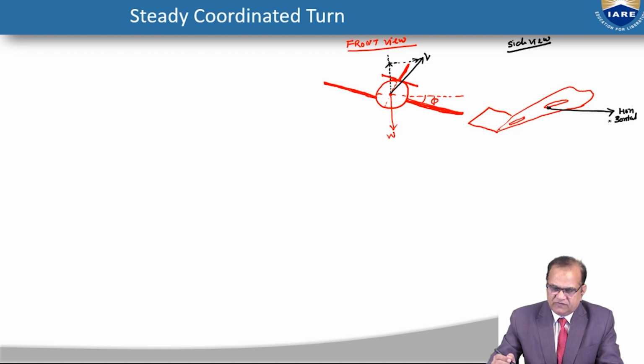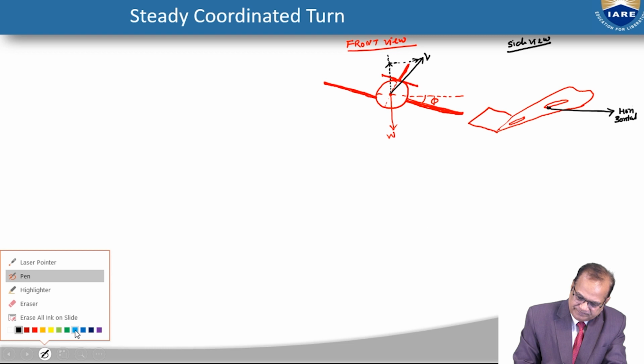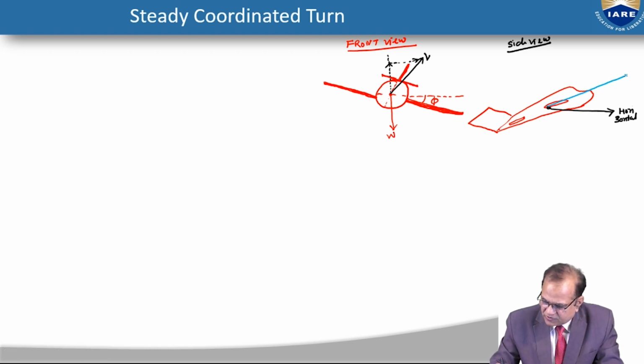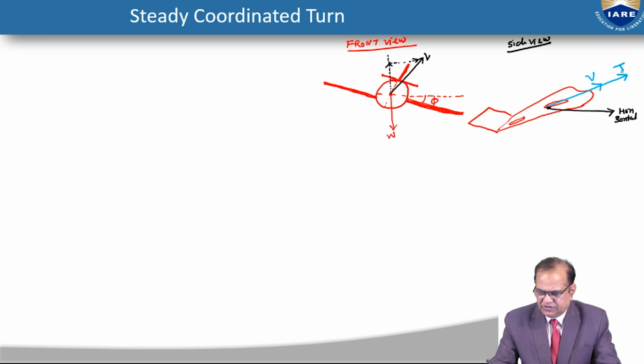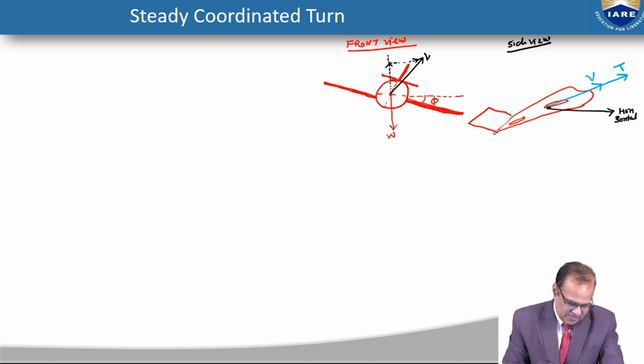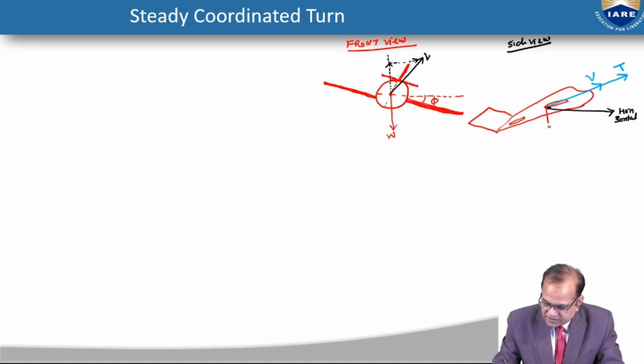From the horizontal, we will see the thrust and all. So this is your velocity V, and here is the thrust. That is another thing. Now from here, I will make the weight again; this is your weight.